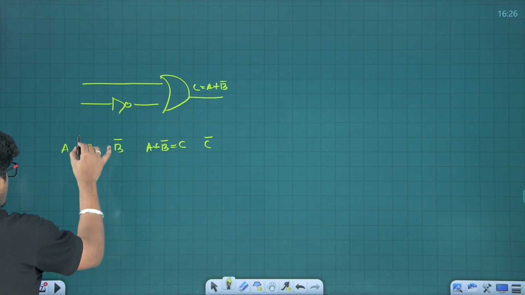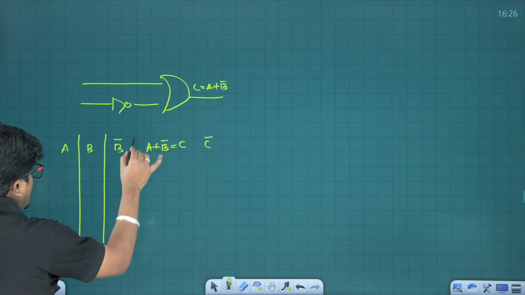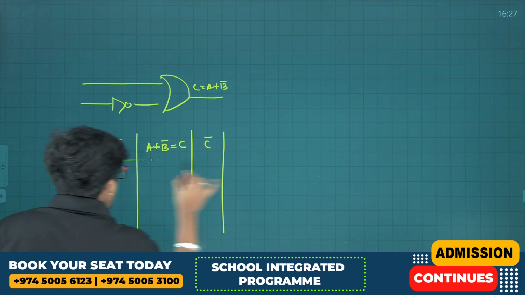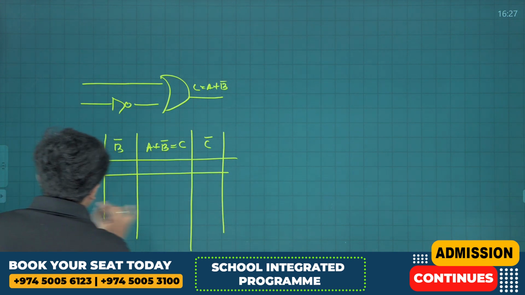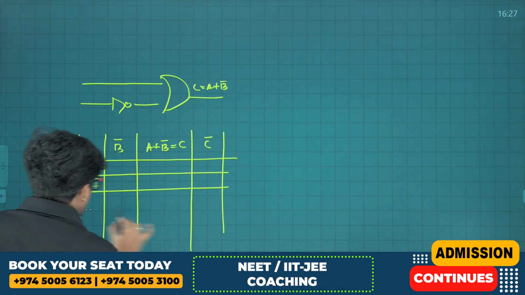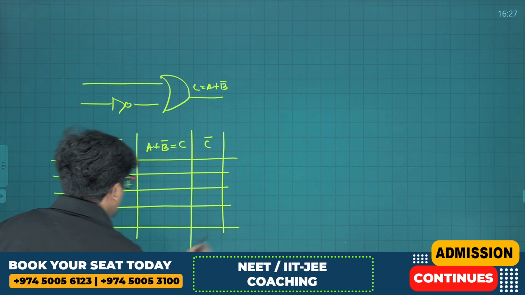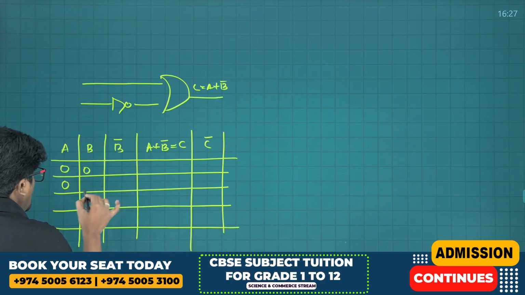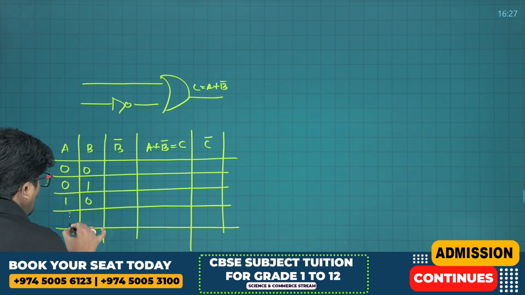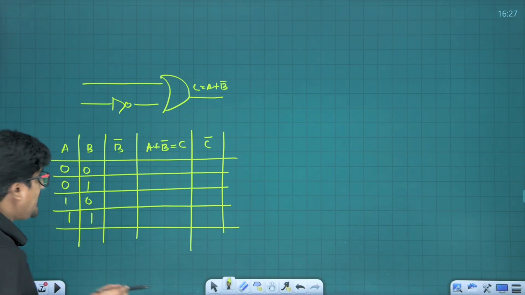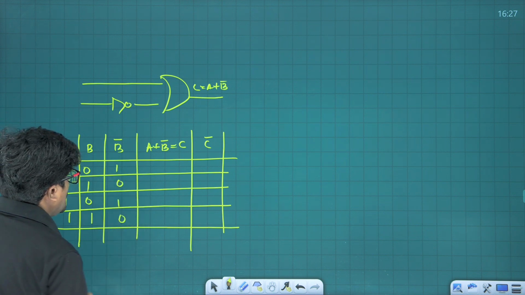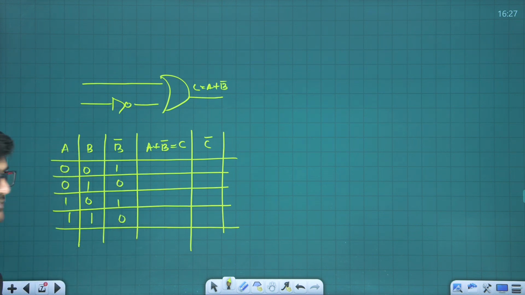Now let me consider the inputs 1, 2, 3 and 4: 0, 0, 0, 1, 1, 0, 1, 1. B bar means 1, 0, 1, 0. Next is A plus B bar.